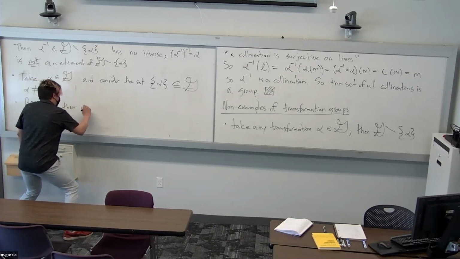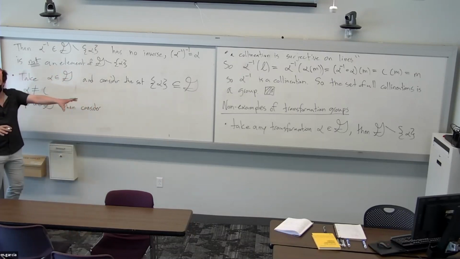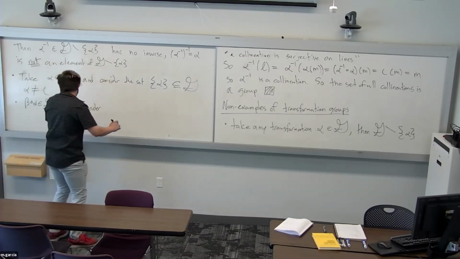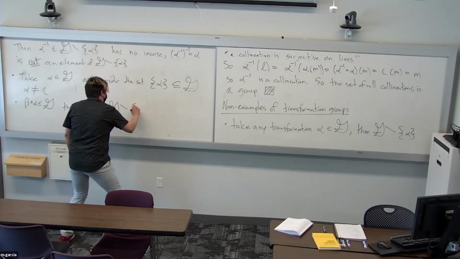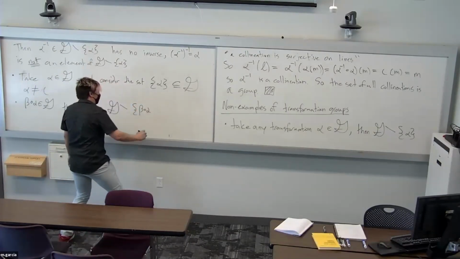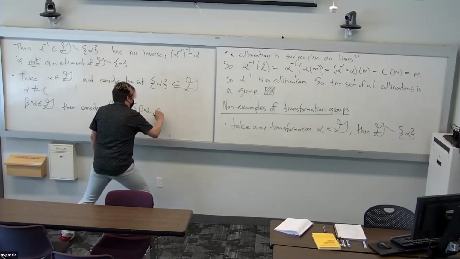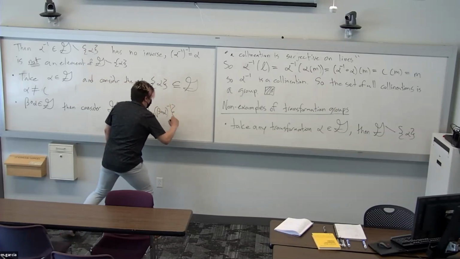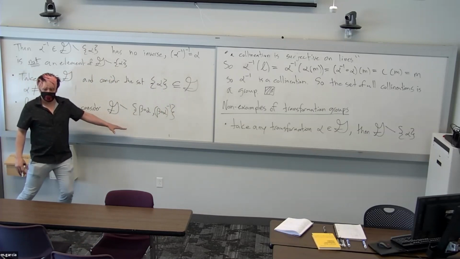Then, this is good because we can use the notation again. Then consider the subset G minus beta composed alpha and beta composed alpha inverse. This set fails to be closed. That's the only one that fails, which is fine.